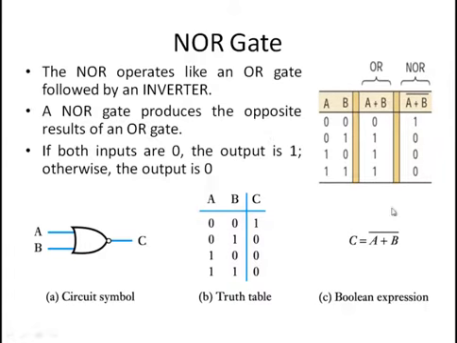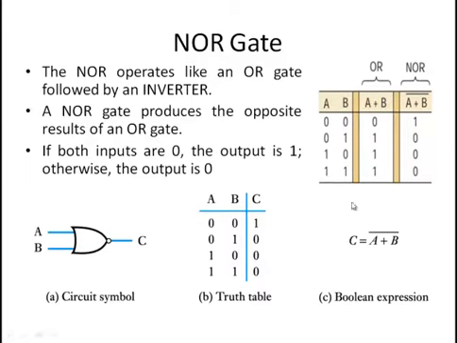That is, if we see from here, A plus B, these are the 4 combinations of A and B, and this is the result of OR, and on taking the complement of these results it will be 1 0 0 0. So this is the result of NOR, which is completely opposite to what we obtained in OR.